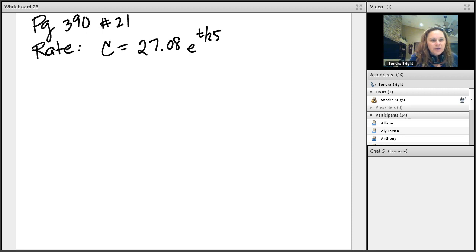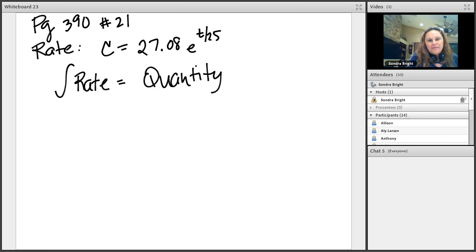All right, so here's what you need to know: when you integrate a rate, it gives you a quantity. So if they're giving you this rate and they want to know how much oil consumption, you're just going to integrate it, right? T is the number of years after January of 1980.